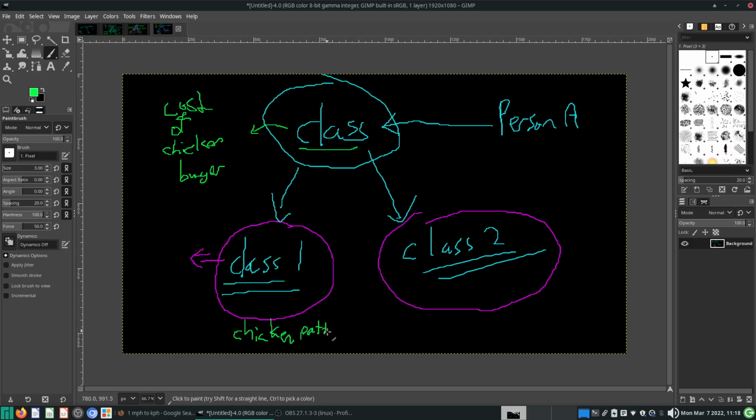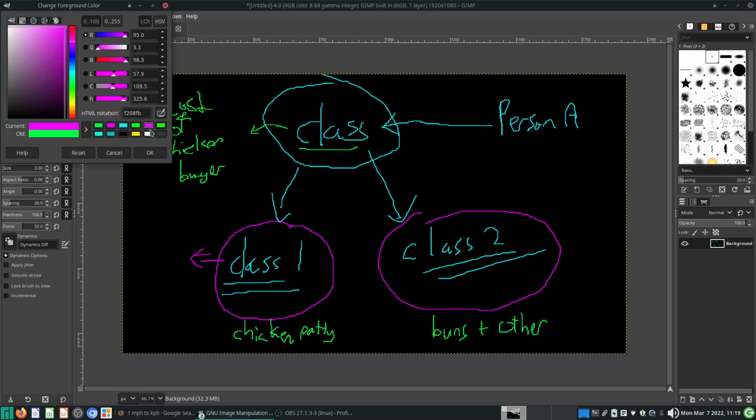Then you need to figure out the cost of the buns of the burger, and other ingredients. So this class here is responsible for calculating the cost of a chicken patty. This class here is responsible for calculating the cost of buns and other stuff you put in the burger.